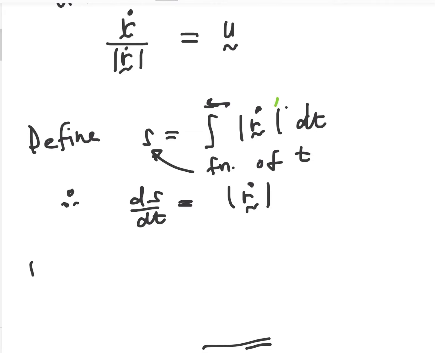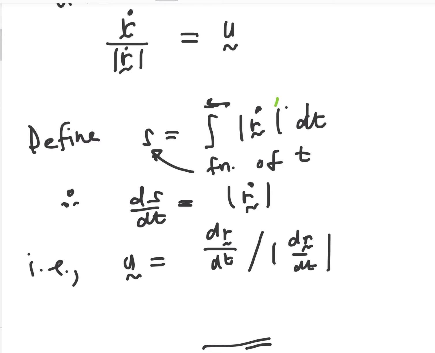That is, your unit tangent vector, vector u, defined above, can be written in terms of this s in the following way. So recall that your unit tangent vector is the derivative of the vector r with respect to t divided by the magnitude of that derivative with respect to t.